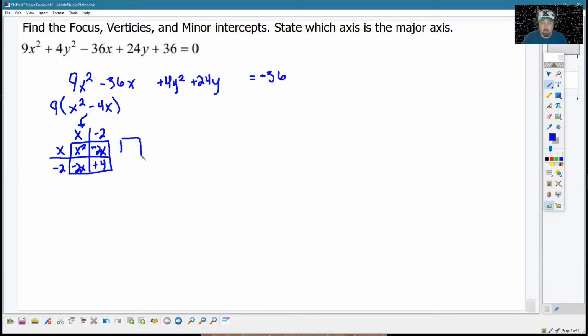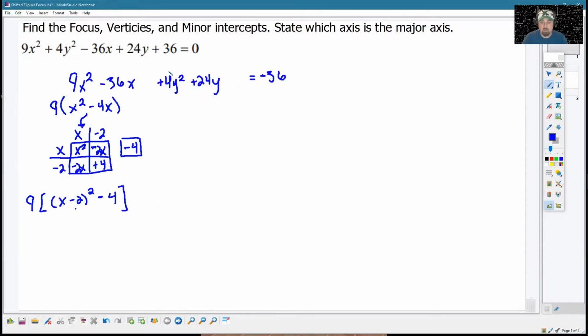Then we need to balance it with this other box. We can't just arbitrarily add 4, so we subtract it over here. So there's our minus 4. Don't forget about the 9 when you come down here. So this is 9 times (x minus 2) squared, there's that transformation, minus 4.